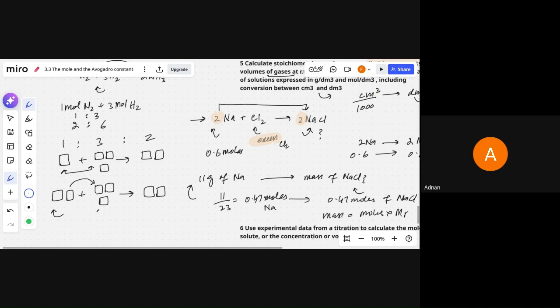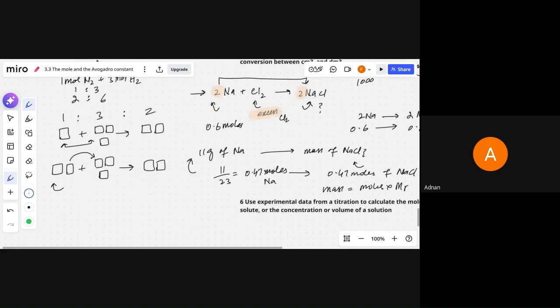So what is a limiting reactant? Limiting reactant is something that gets used up first, and the excess reactant is the one that is left behind in a chemical reaction, left unreacted, right? I hope this is clear now.